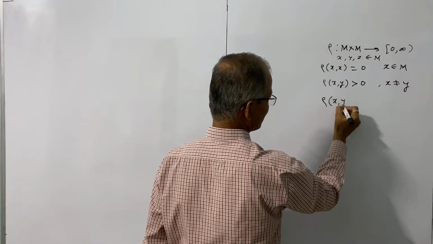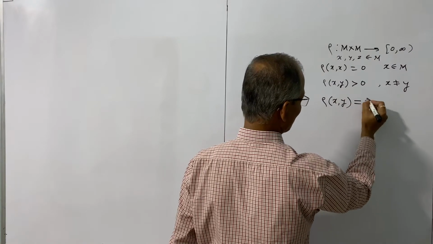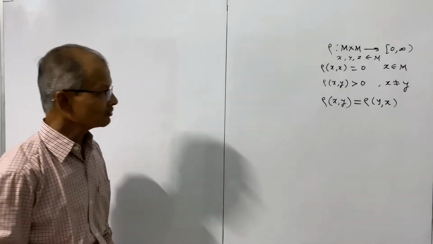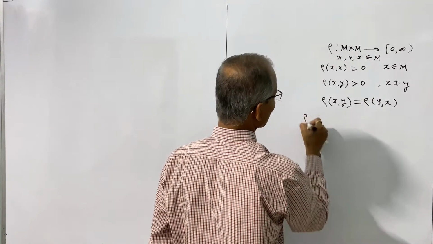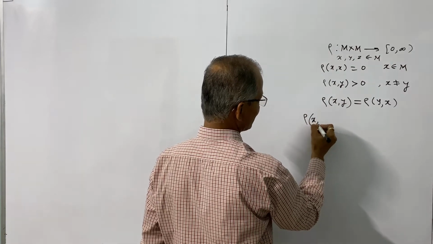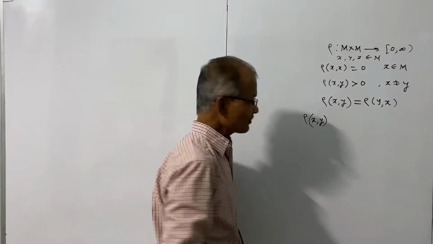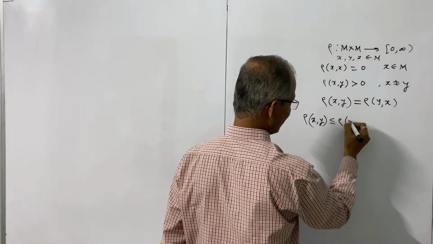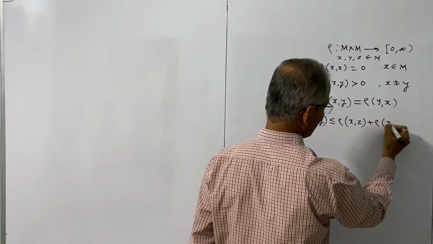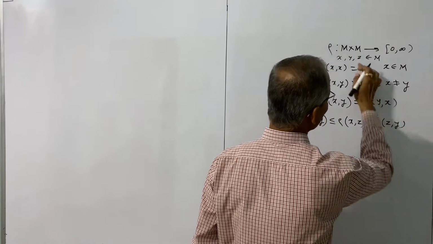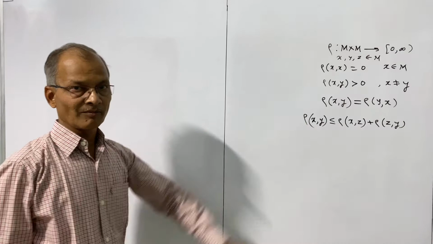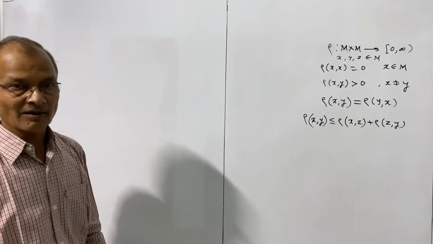Third, ρ(x,y) is equal to ρ(y,x) for all x, y belonging to M. And the fourth is the triangle inequality: ρ(x,y) is less than or equal to ρ(x,z) plus ρ(z,y), for x, y, z belonging to M. So these are the properties to be satisfied by a metric. Then we say ρ is a metric.